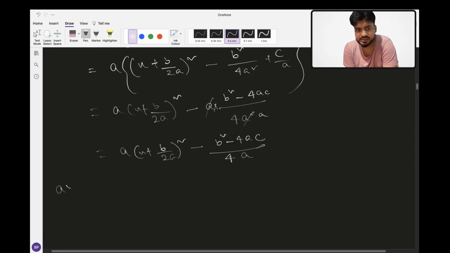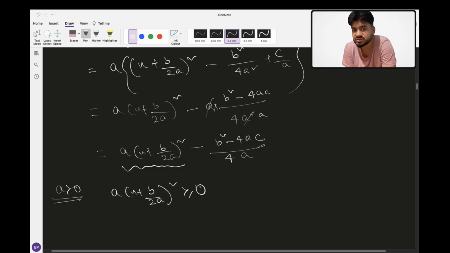If a is positive, understand this very carefully, this whole value will be positive. So a into x plus b by 2a whole square in this case will be greater than or equal to 0.